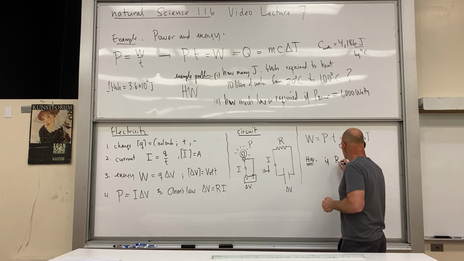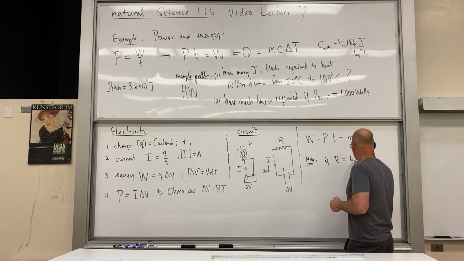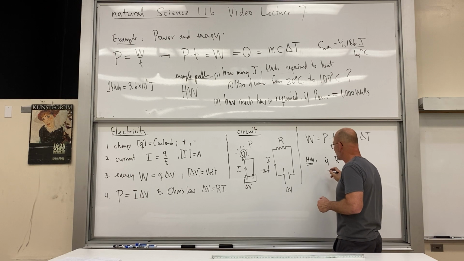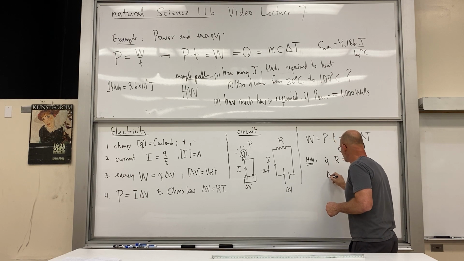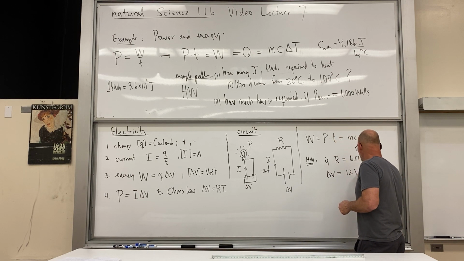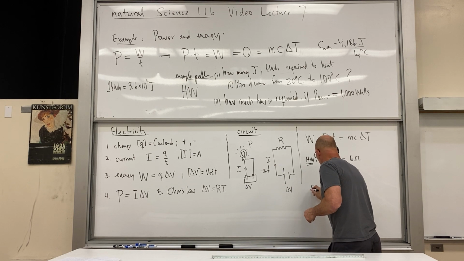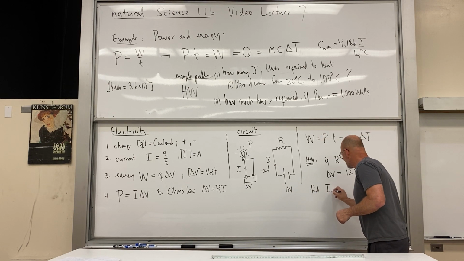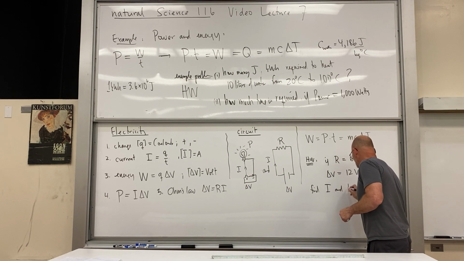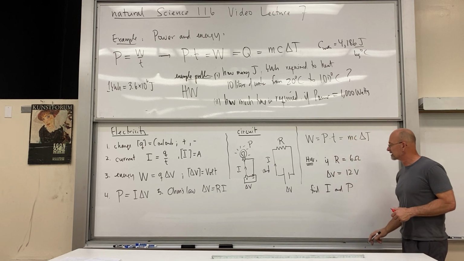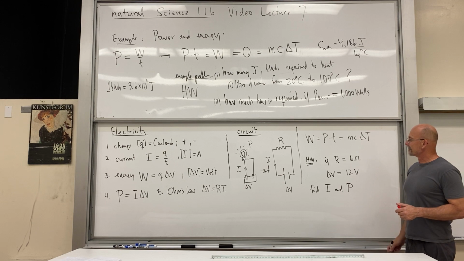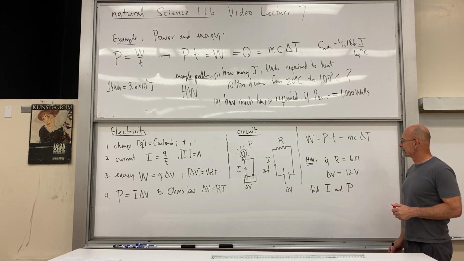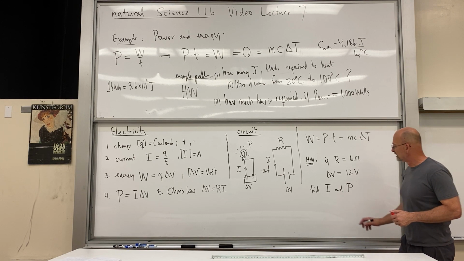So if R equals 6 ohms, delta V equals 12 volts, find I and P. Okay. Good.